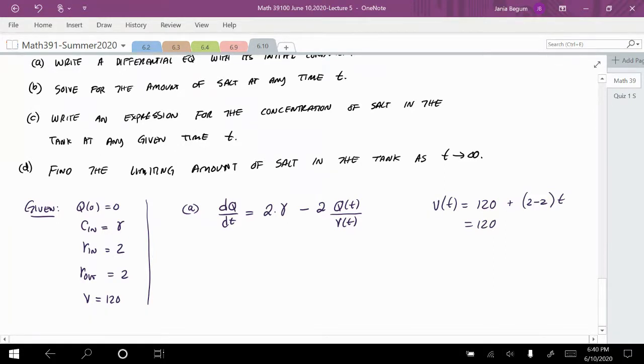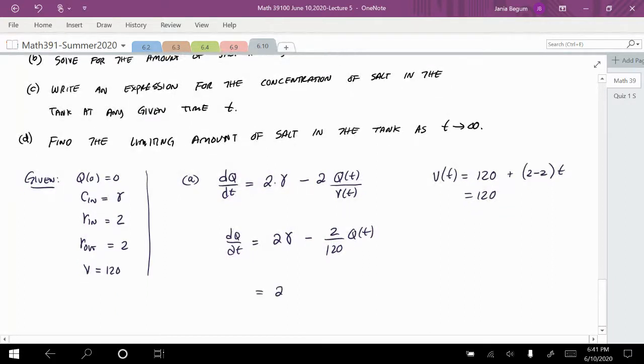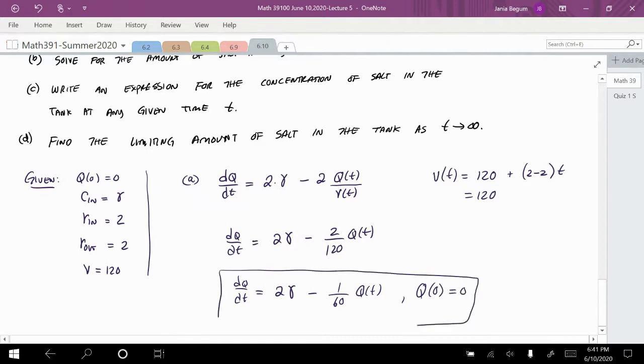So it's just 120. So our dQ/dt is going to be 2 gamma minus 2 over 120 Q of t. And then you can simplify this. So we can say this is 2 gamma minus 2 over 120, that's 1 over 60, Q of t. So that would be our model with the initial condition, initial salt is 0. So that's part A. Any questions up to here?